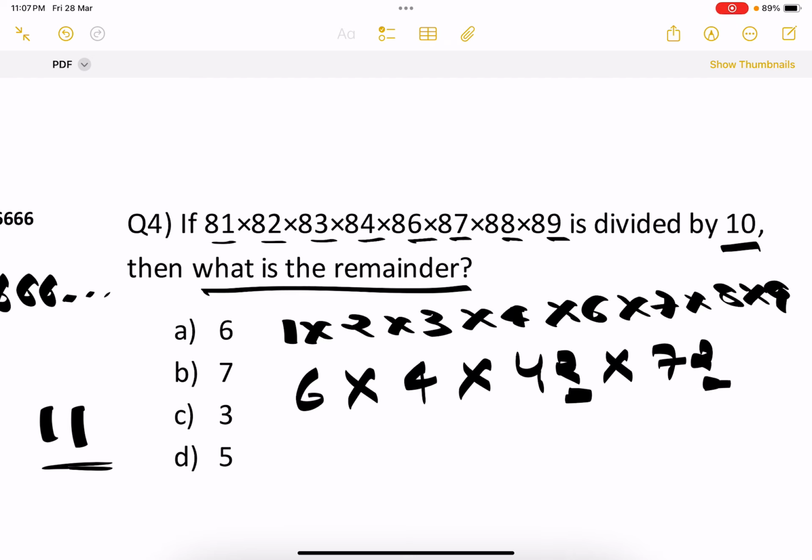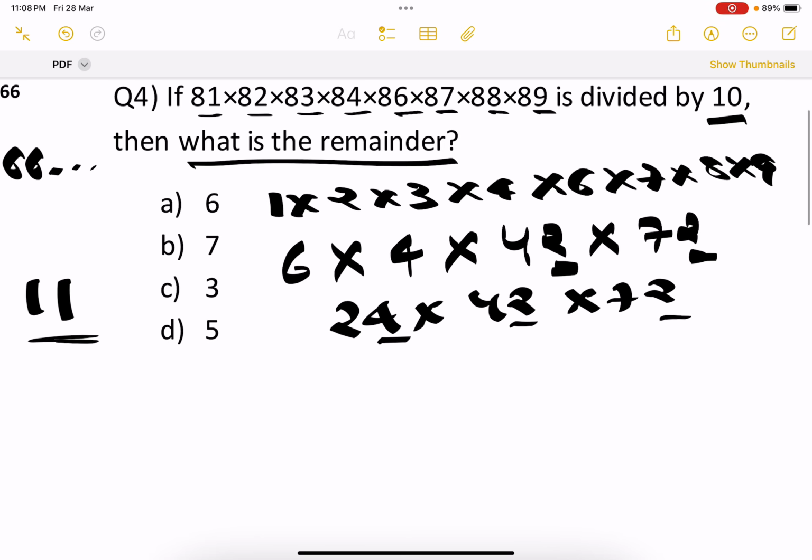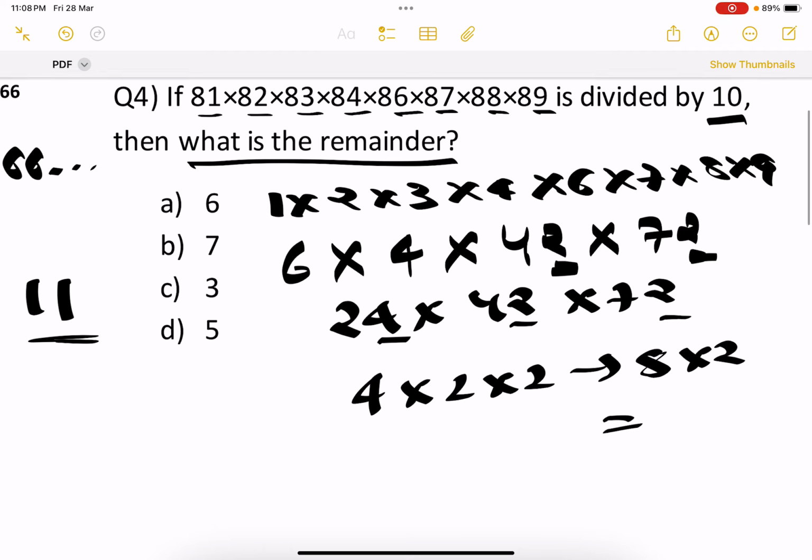Again we are concerned with these digits only, 24 into 42 into 72. We'll write it down again as 4 into 2 into 2. So it is 4 into 2 is 8, and into 2 is equal to 16. So the unit digit would be 6.